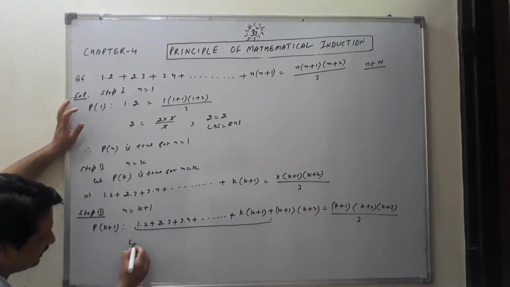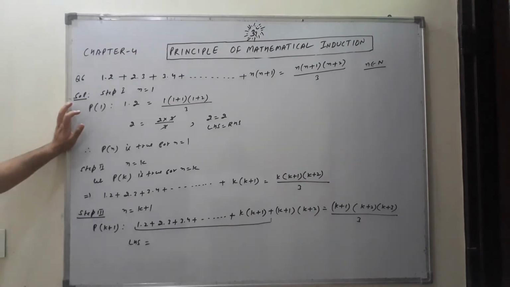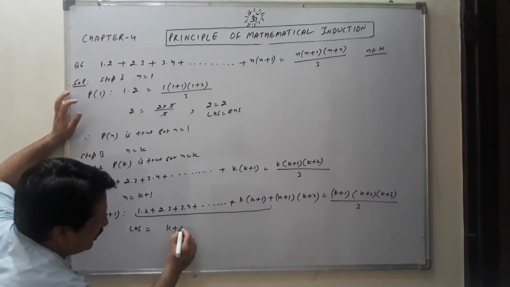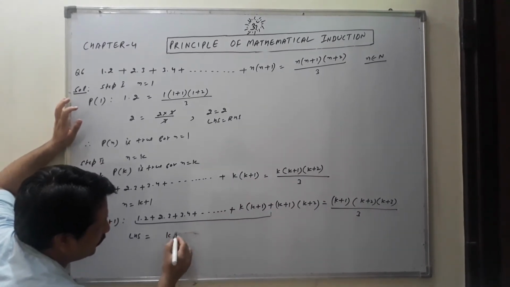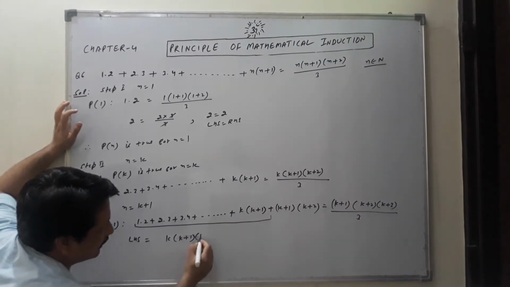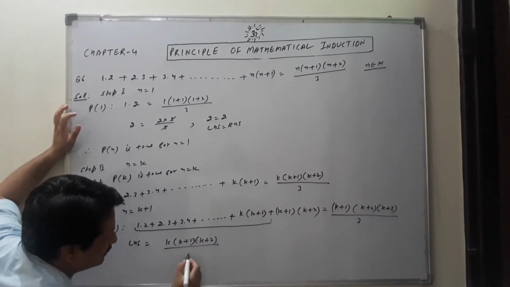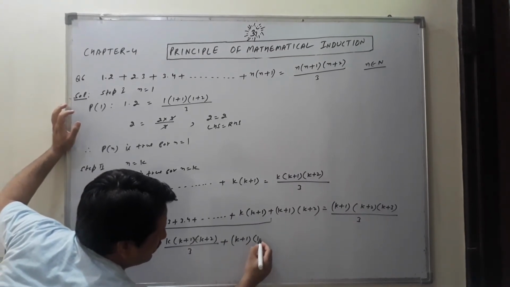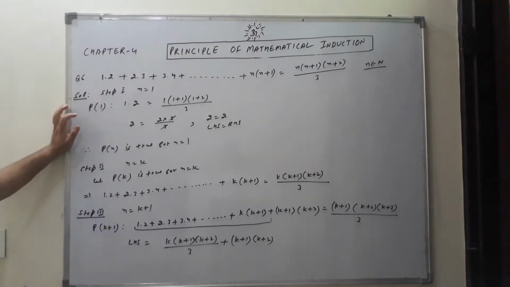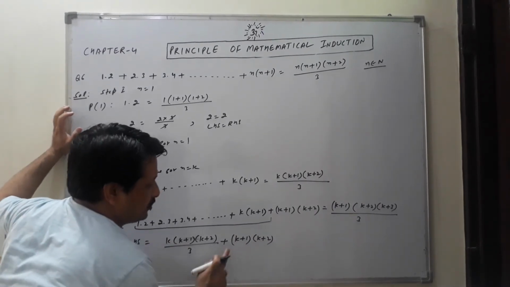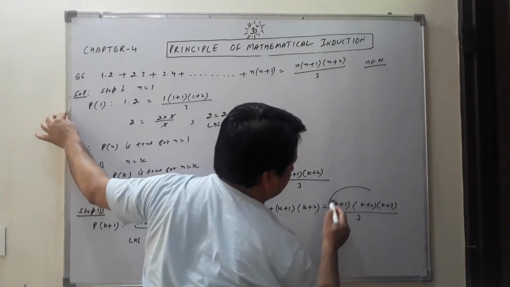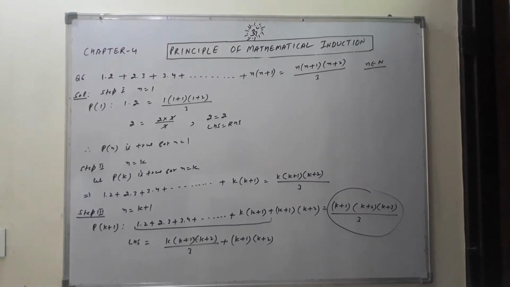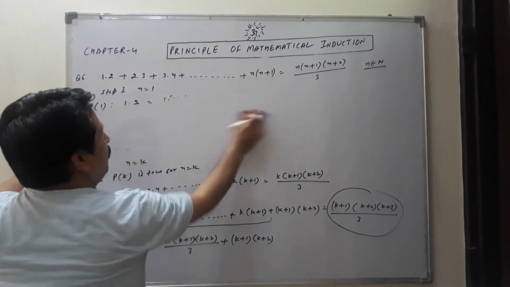So by taking the left hand side, its value is k into k plus 1 into k plus 2 upon 3 plus k plus 1 into k plus 2. Now I will solve it, and students, remember it will come equal to the right hand side. So we can say the left hand side will come equal to the right hand side.